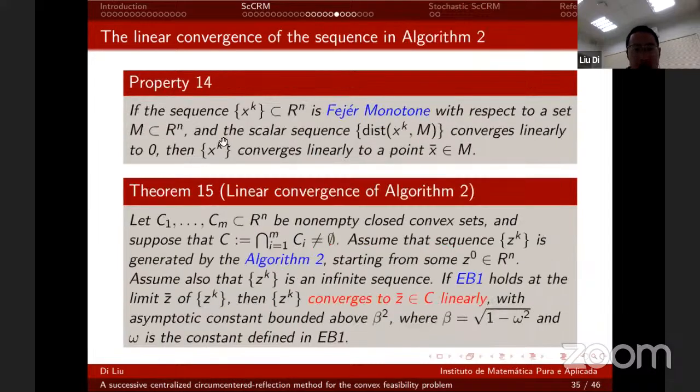And then together with a property about the feature monotone sequence, which says if x_k is feature monotone and the distance converges linearly, then the whole sequence converges linearly. Okay, so together with this property, we can get that algorithm 2 converges linearly to some point in the intersection.